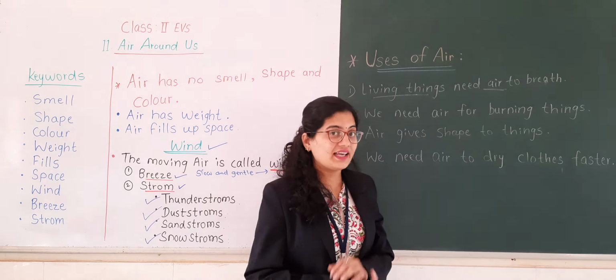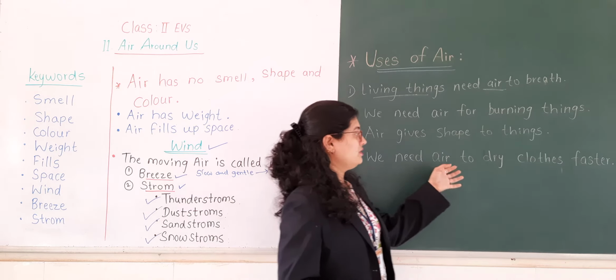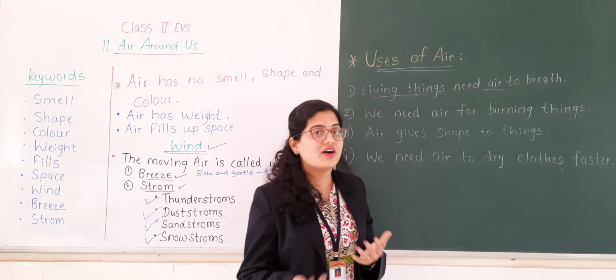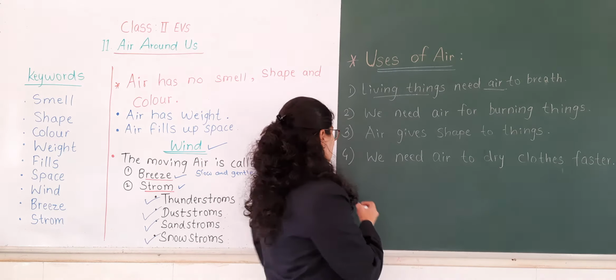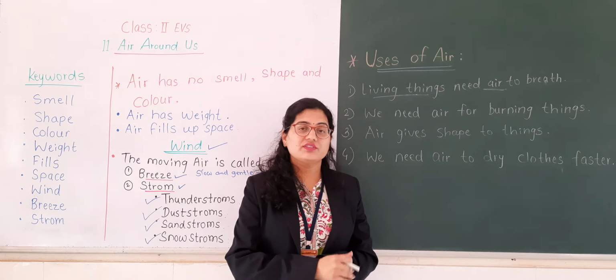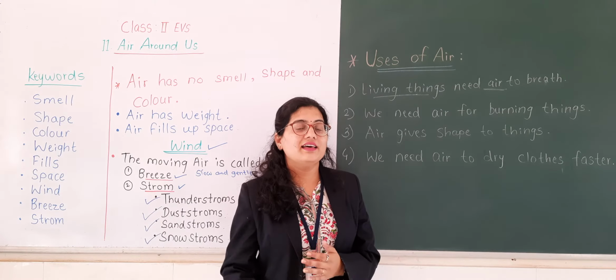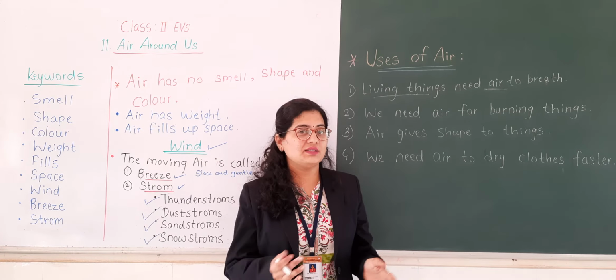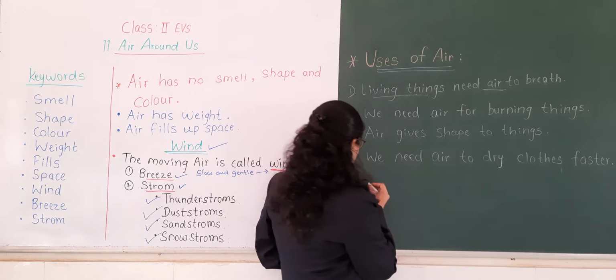For what do we need air? Air also helps us to dry our clothes faster. Right? Then there is one more use of air which we know, that air helps boats and ships to sail. Right?